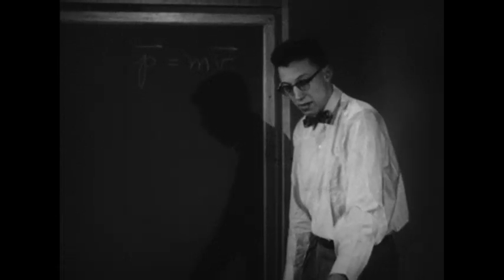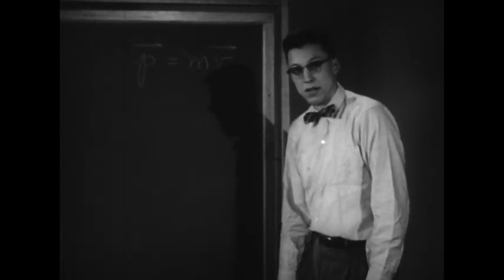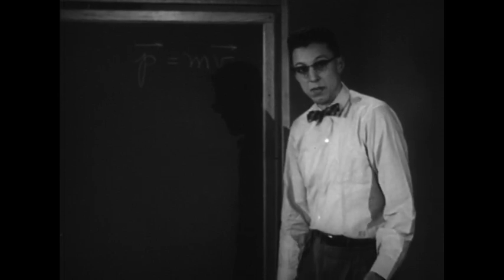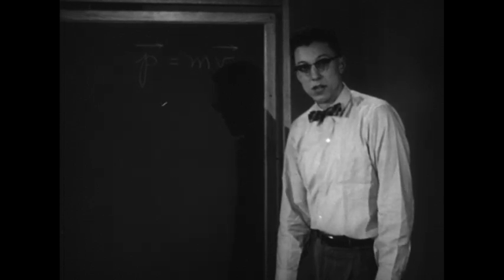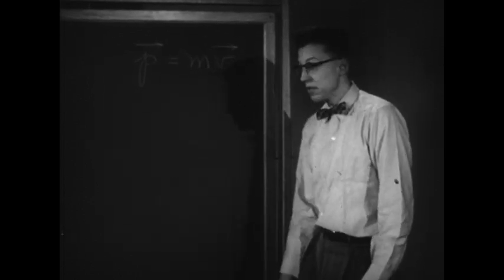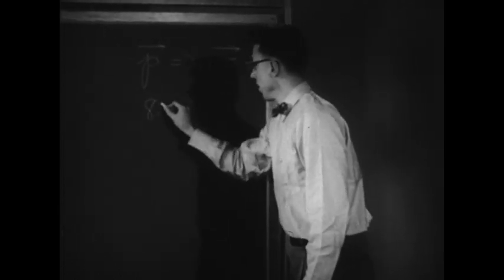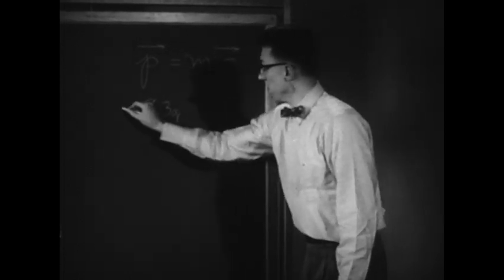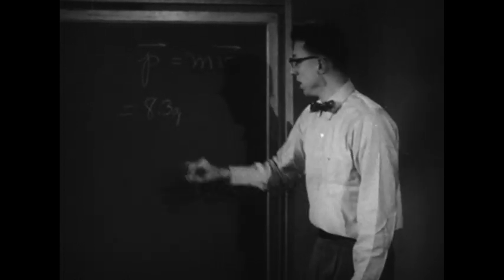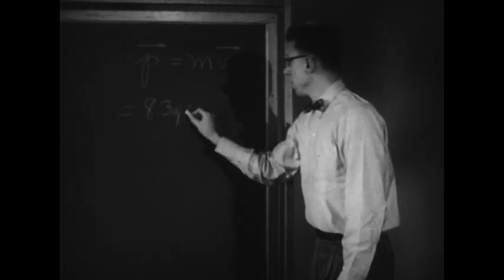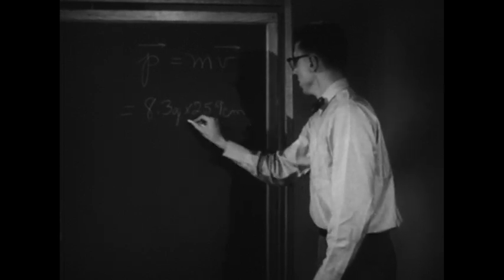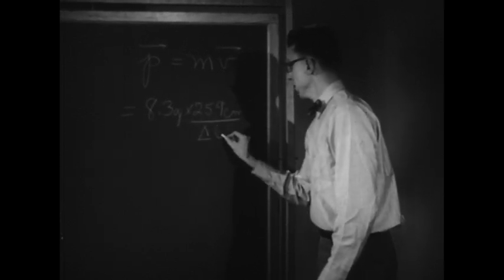That velocity times the mass of our sphere is equal to its momentum. The sphere in this experiment is a 1/2 inch steel ball bearing. Its mass is 8.3 grams. Thus, the momentum is equal to 8.3 times 25.9 centimeters per time interval.